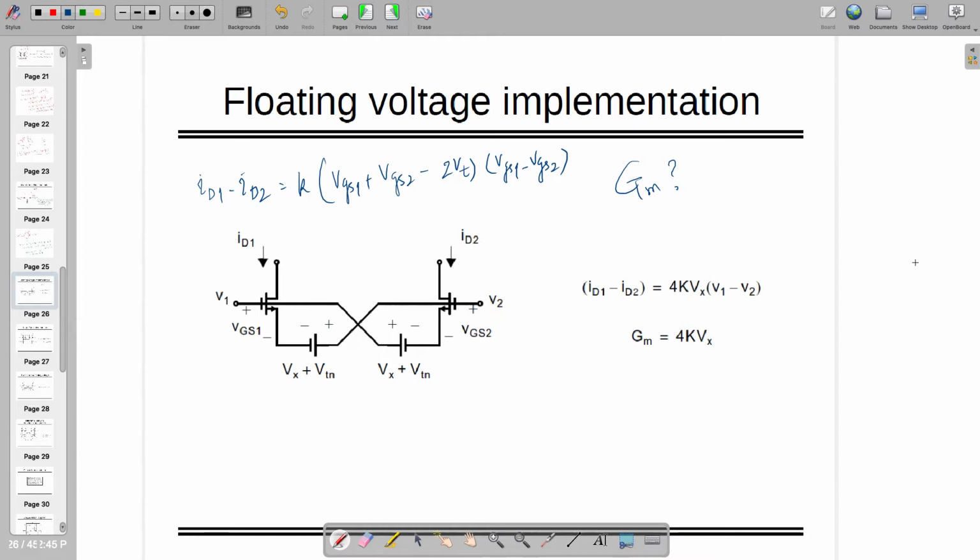You can try in your notebook because the derivation is easier now. You just have to plug in all these values. So VGS1 is this one, and VGS2 is this one. What is connected at the source you need to add, of course. You have to look at the polarities where they are connected.